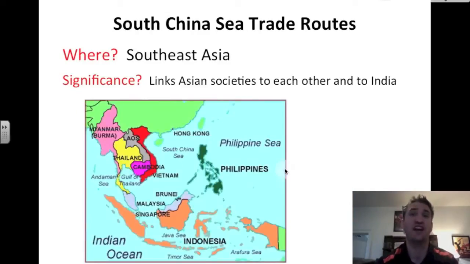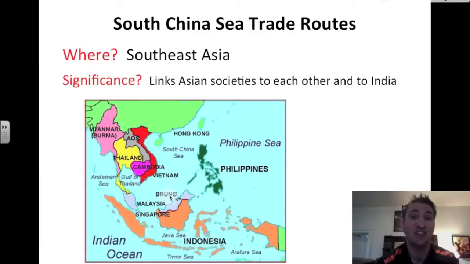The South China Sea trade routes. Where is it? Well, it's in Southeast Asia. And this map shows you some countries in Southeast Asia. The Philippines, Vietnam, Cambodia, Laos, Thailand, Myanmar, also called Burma, Malaysia, Singapore, Brunei.